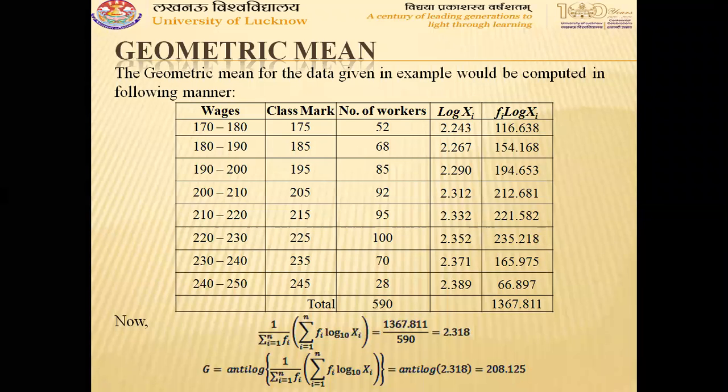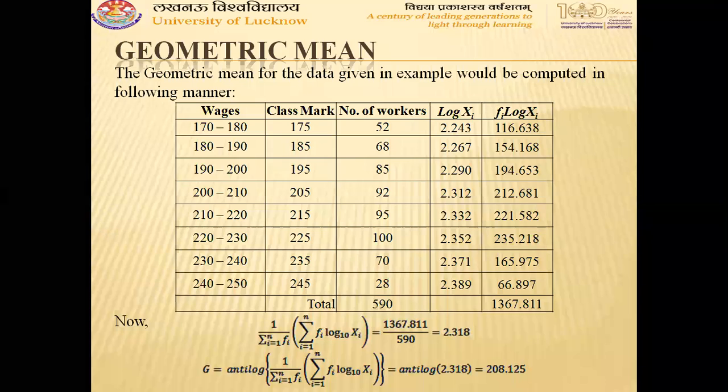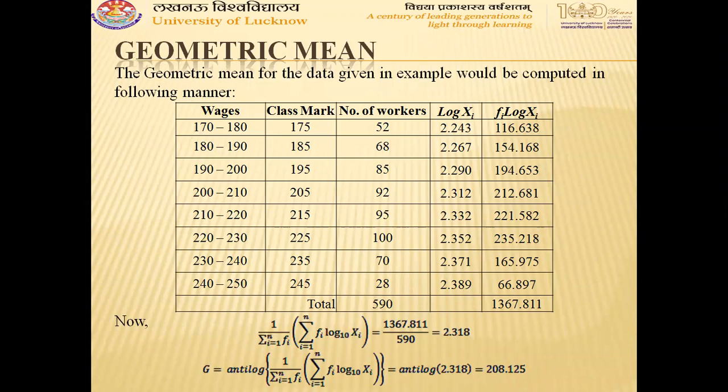Now the anti-log of this quantity will be taken, which will provide the geometric mean. That is, geometric mean equals anti-log of 1 upon summation fi multiplied with summation of fi log xi. That will give anti-log of 2.318, which equals 208.125. That is, the geometric mean of the given data is 208.125.